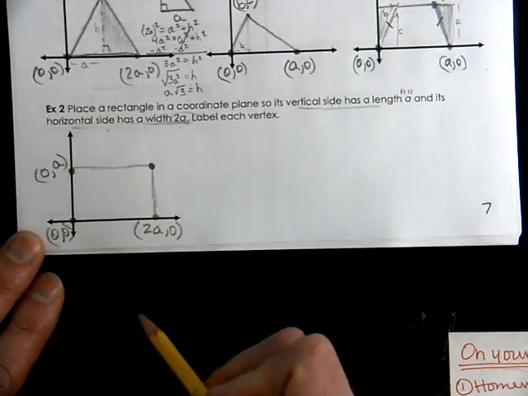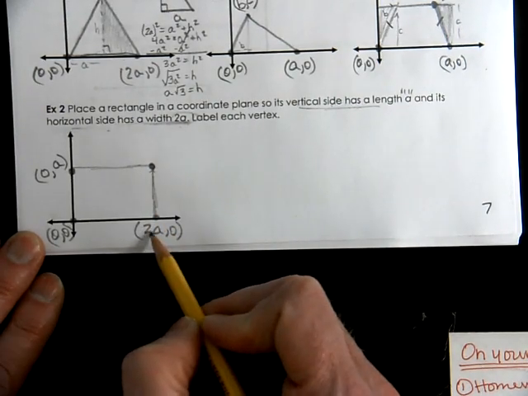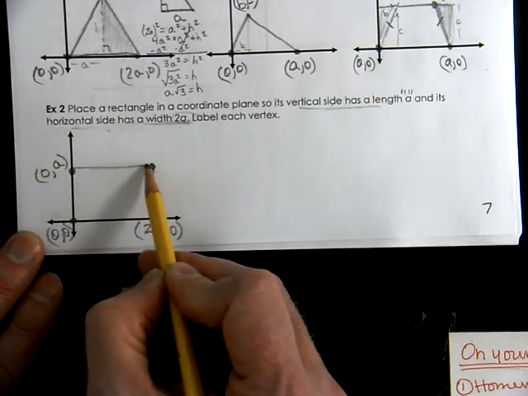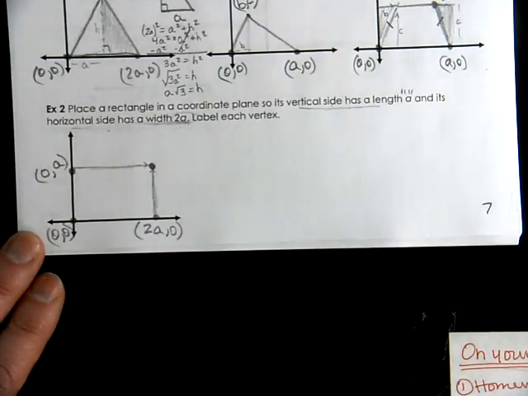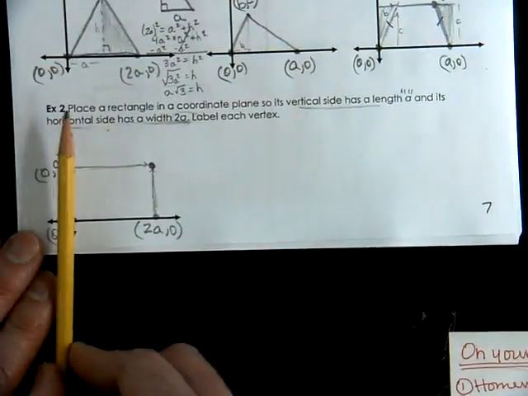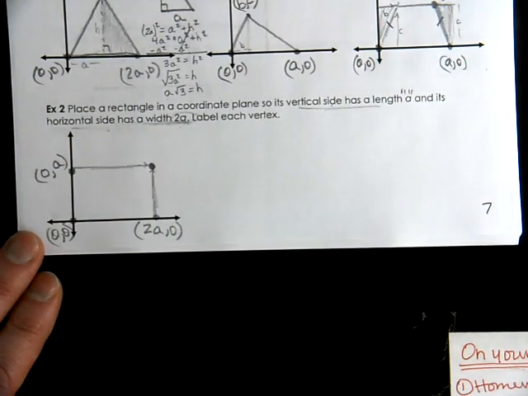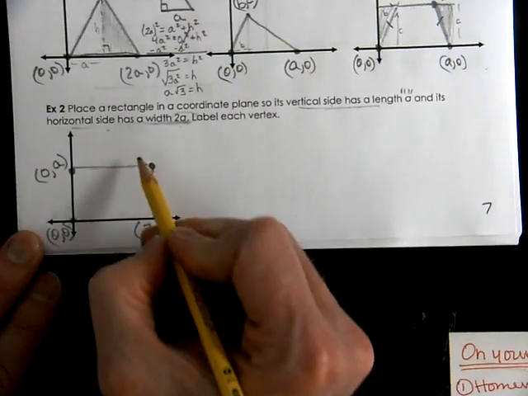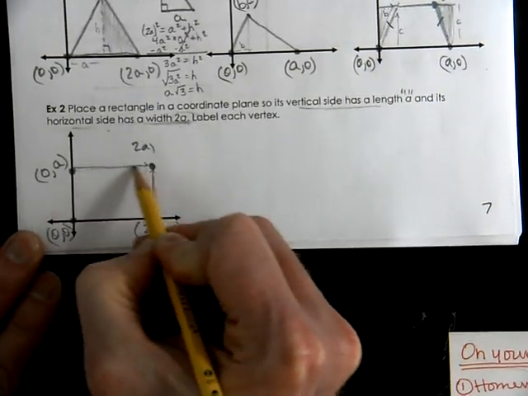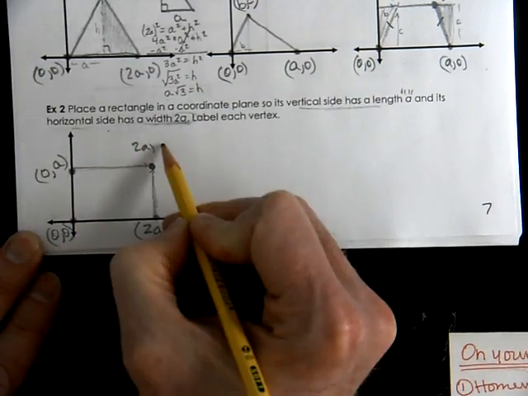If this is a rectangle, you know that a rectangle is straight up, and here it's straight over. So it's at the same height as this point, and it's at the same width as that point. So what's our coordinate going to be? 2a, because it's the same distance over, and the same distance up puts it at a.